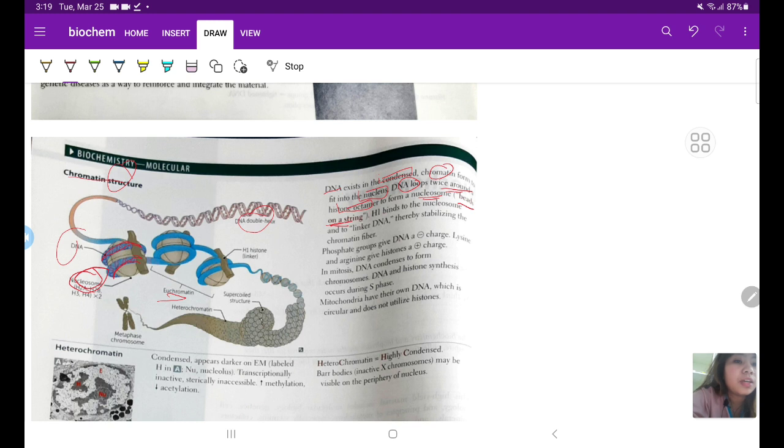So each one, this is the histone H1, each one binds to the nucleosome and to linker DNA, thereby stabilizing the chromatin fiber. This is the histone or linker DNA.